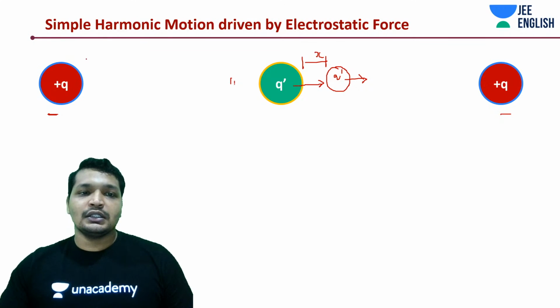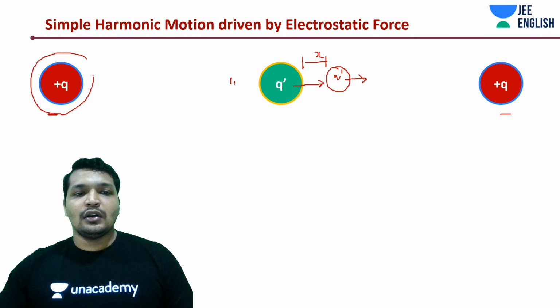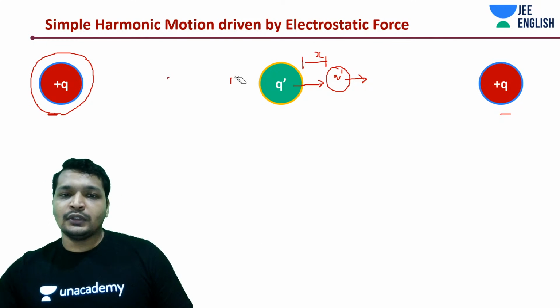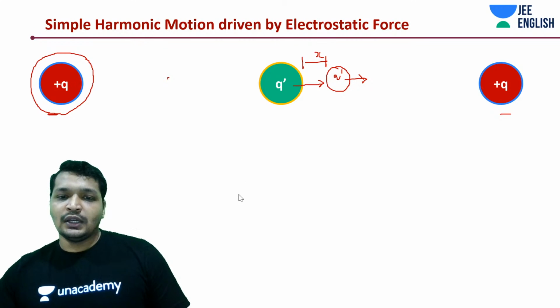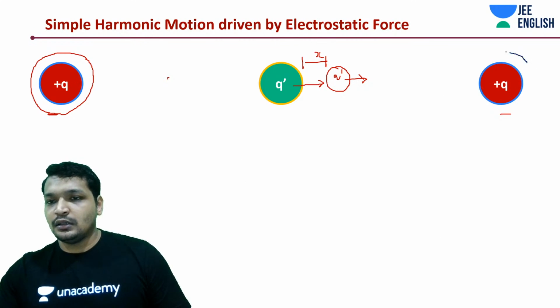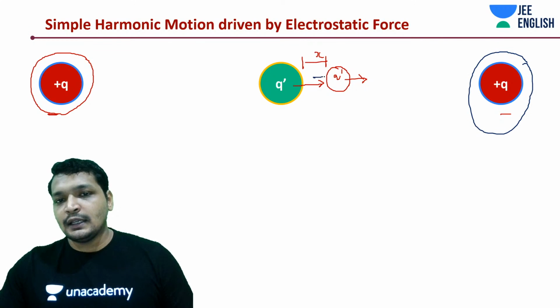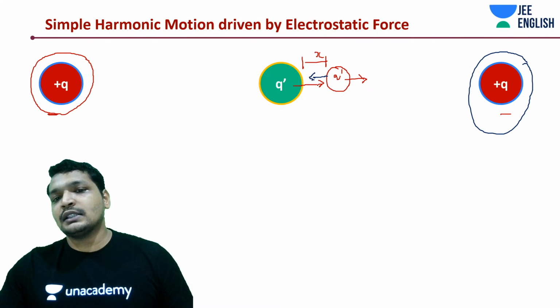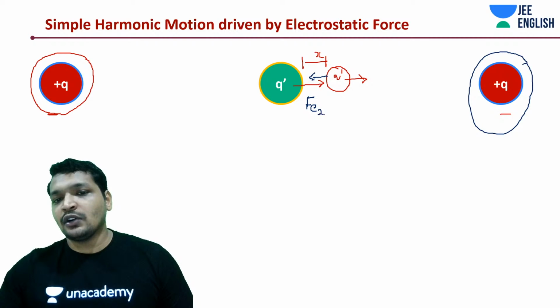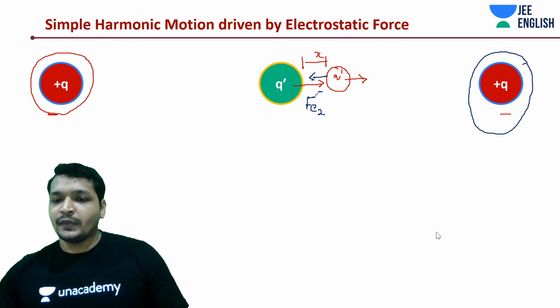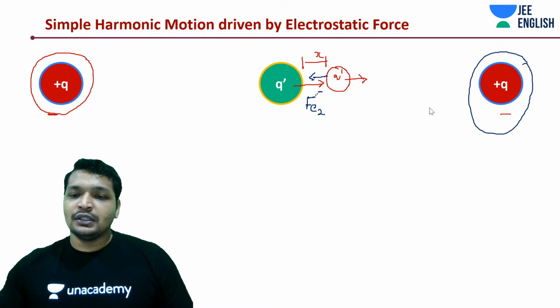Let's say this is by this charge. As soon as it comes over here, there is this charge, and this charge force is also going to be present. Let's call this Fe2 and this Fe1. Distance has reduced.